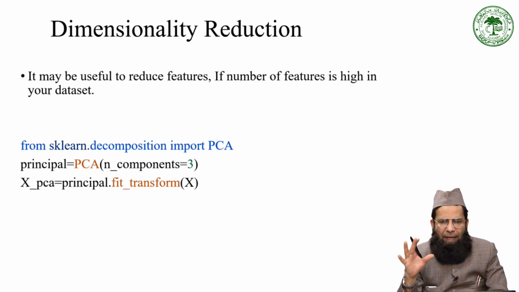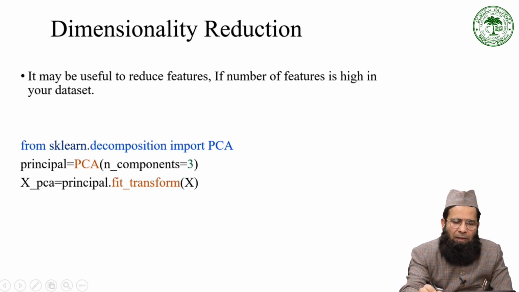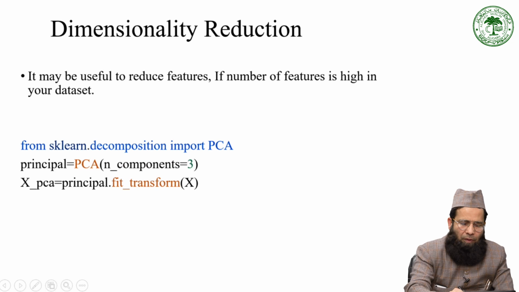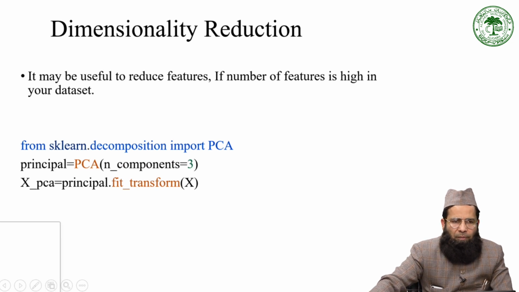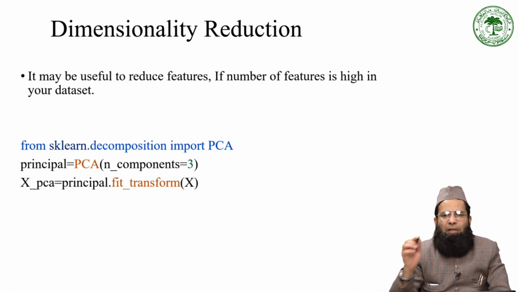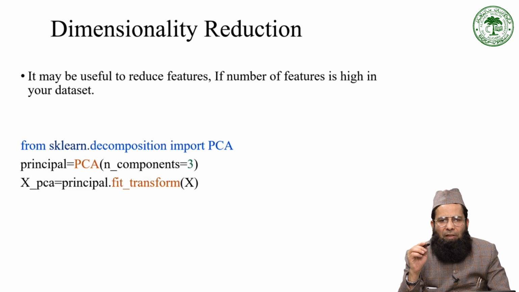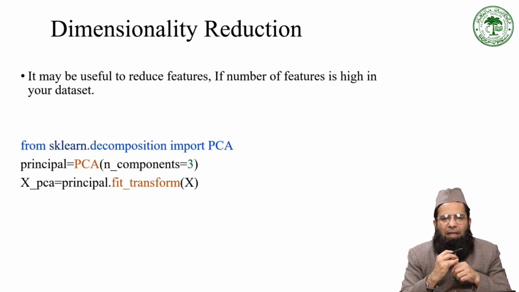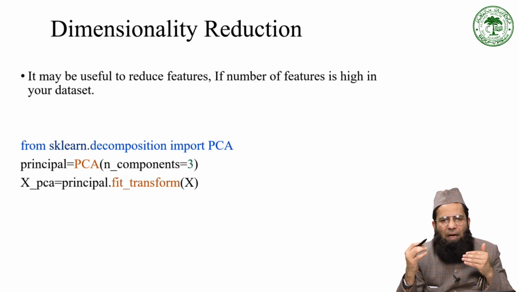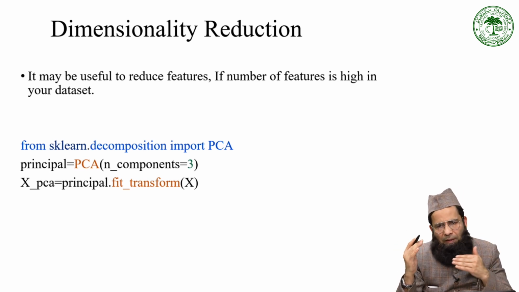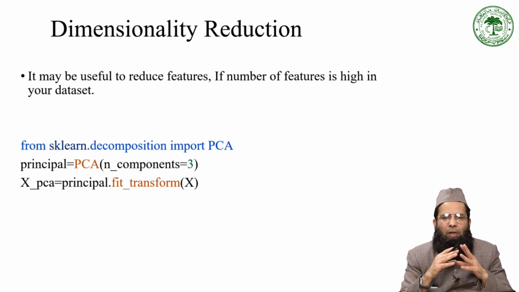The most common technique used in dimensionality reduction is principal component analysis. So let me select the pen tab here. Principal component analysis identifies the axis that accounts for the largest amount of variance in the training data, and also defines a second axis orthogonal to the first one, and so on. This is the working of principal component analysis.